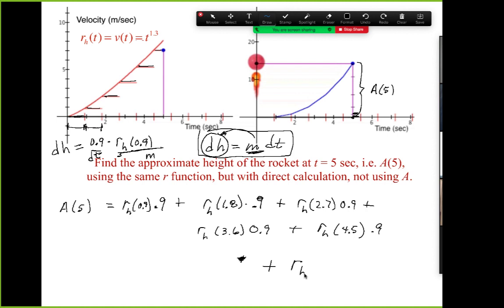R sub h of 5.4. Uh-huh. And then times negative 0.5? Or just 0.5. So how much change in time do we have in that last interval? 0.5. Yeah, 0.5. Okay.